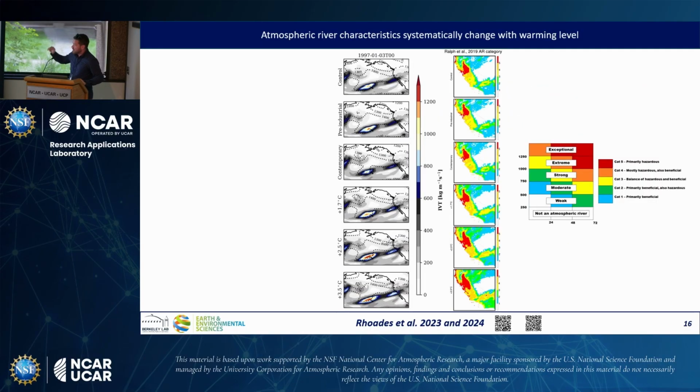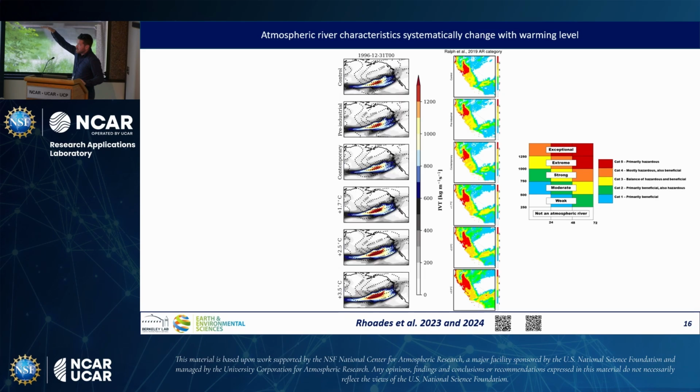Now I've created postage stamps of the same animation and same AR category scale across all the different warming levels. The top row is the event that was, the 1997 flood event. Then that event recreated in a pre-industrial climate, a contemporary climate right around 2019-ish, 1.7 degrees of warming, 2.5, and 3.5.